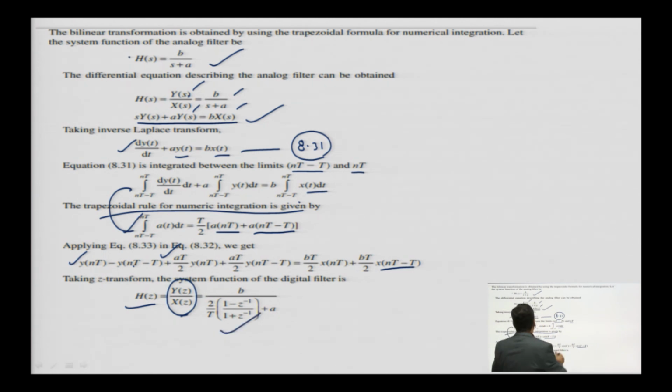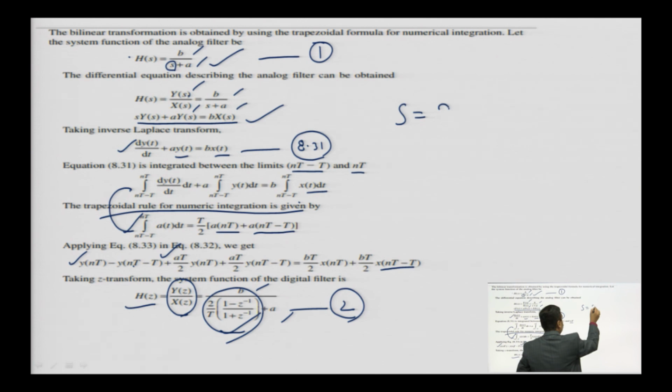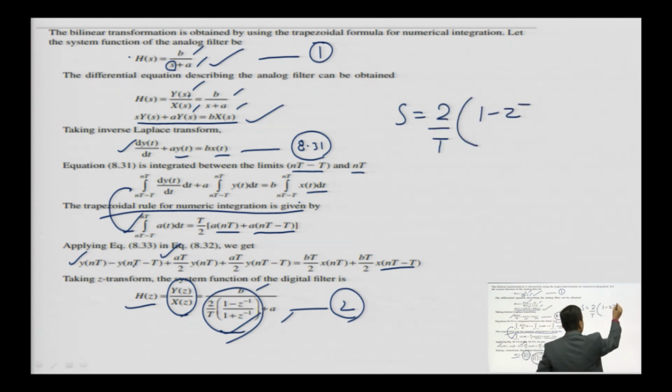Now, if you compare equation number 1 and 2, b is common, a is common. In place of s, you are getting s is equal to 2 by T into (1 minus z inverse) upon (1 plus z inverse).